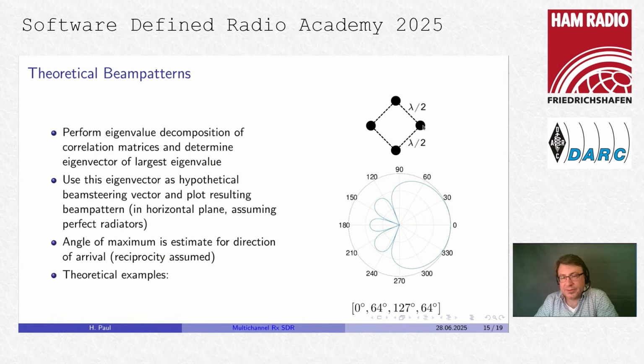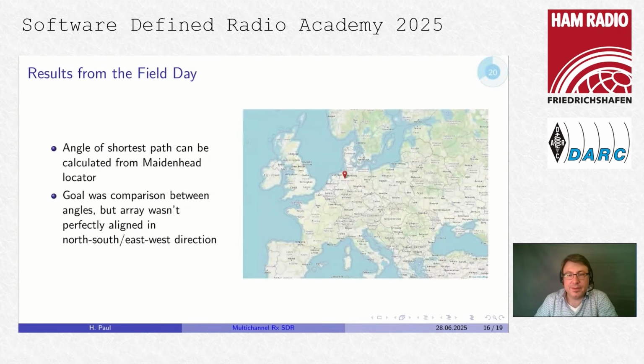Get 0 here, and then 64 degrees here, which is 0.707 times 90 degrees. And we get 127 degrees here, which is 0.707 times 180 degrees. And so we get a beam pattern which has exactly its maximum at 0 degrees, because that's where the wave came from.